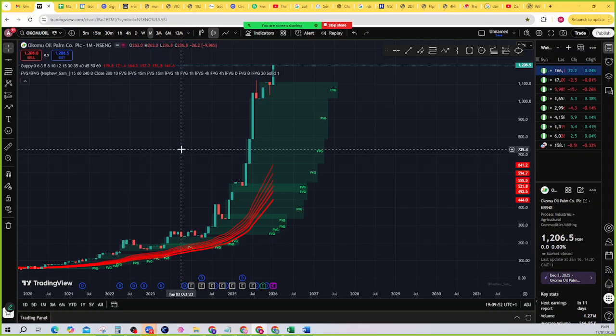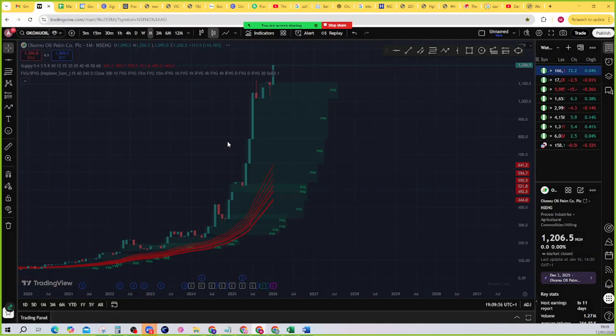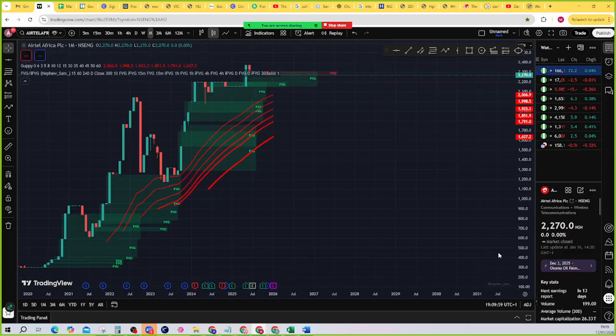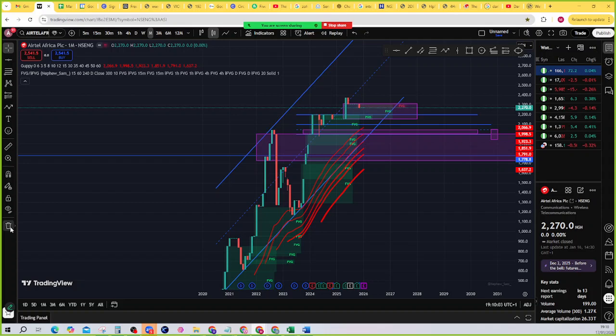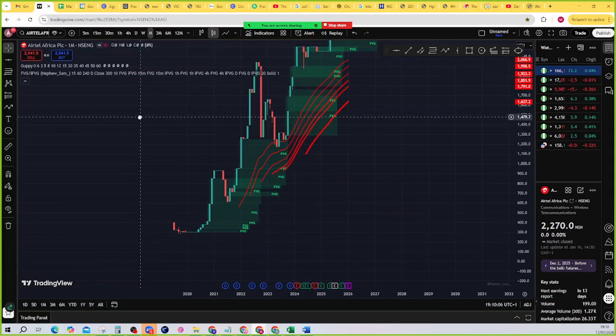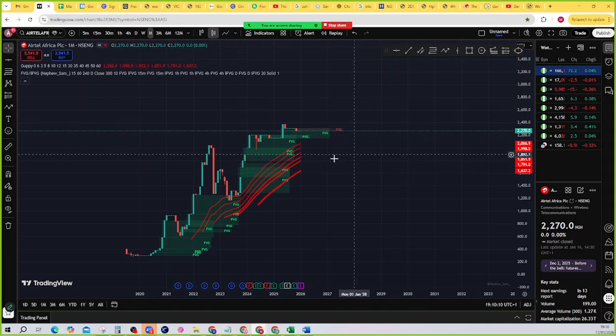Okay, let's check, because Airtel is way high. Airtel Africa. What's happening here? So, see what happened? That's Airtel for you. Airtel is 2000 plus.